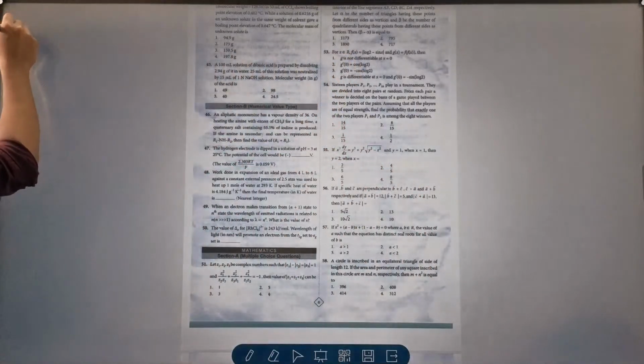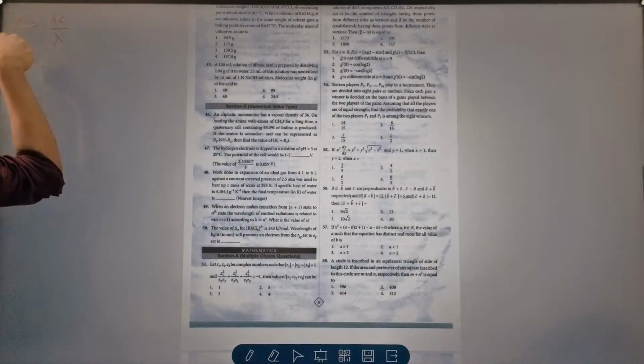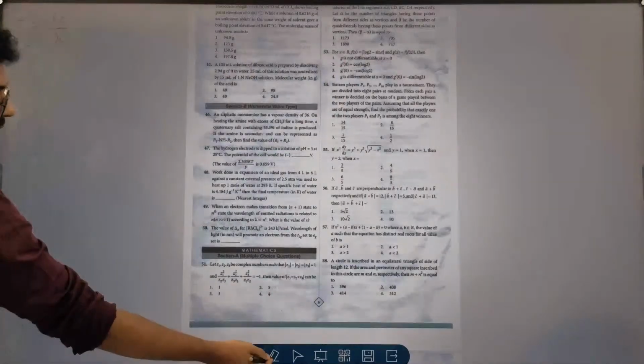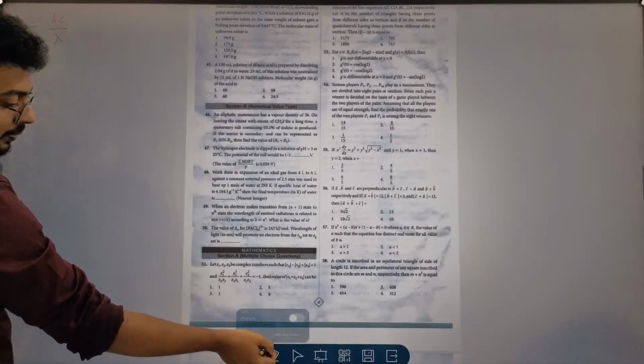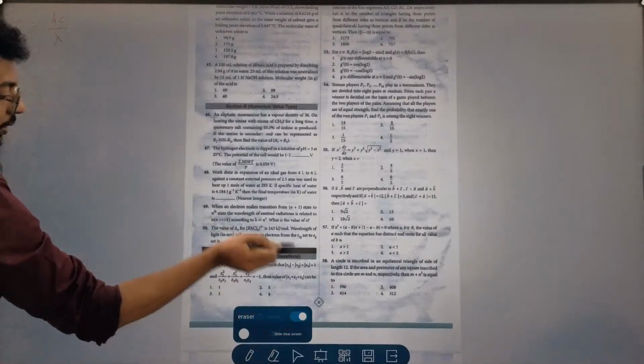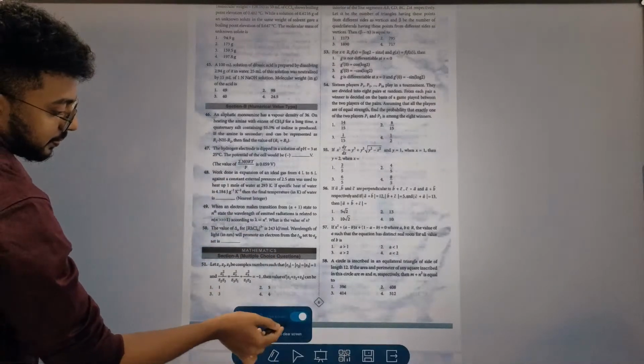We know that E is equal to hc by lambda.